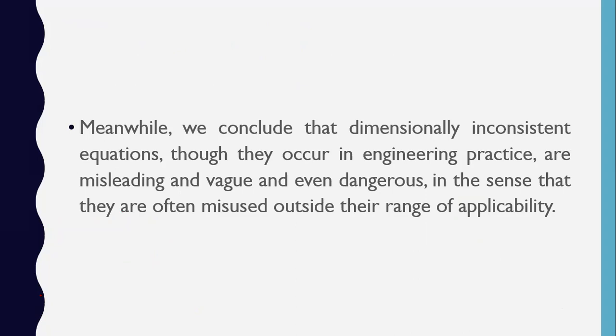Those equations cannot always be dimensionally homogeneous. Some equations may be dimensionally inconsistent. We can conclude that dimensionally inconsistent equations, though they occur in engineering practice, are misleading, vague and even dangerous, in the sense that they are often misused outside their range of applicability.